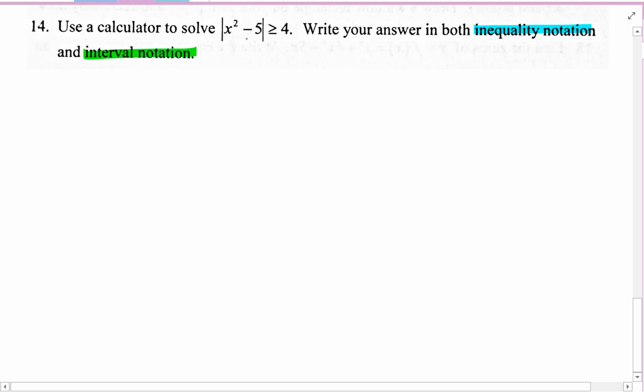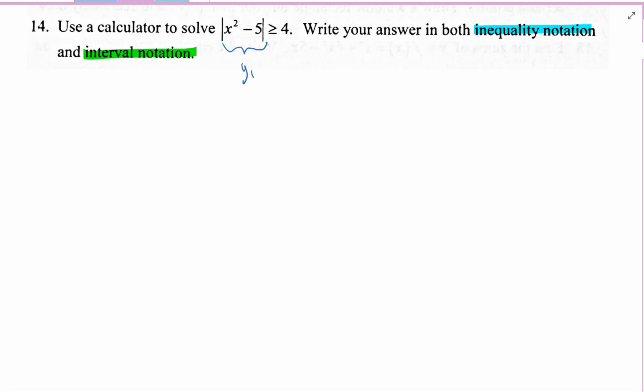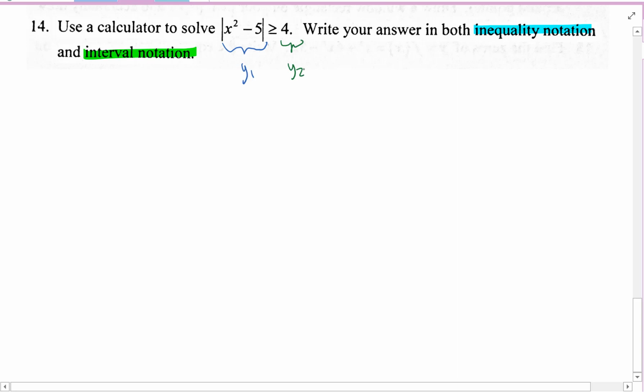We want to know for all the intervals that this function, the absolute value of x squared minus 5, which we'll call y1, when is that greater than or equal to this function, 4? y2 is what we'll call that. That's just a constant. So we're going to graph both of these and look for the intervals for which y1 is greater than or equal to y2.